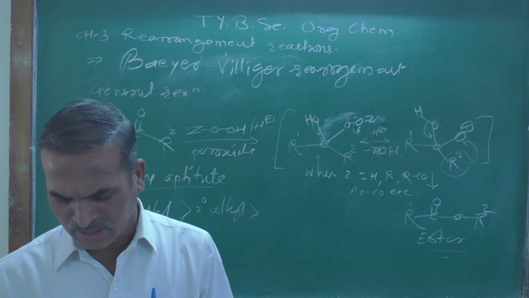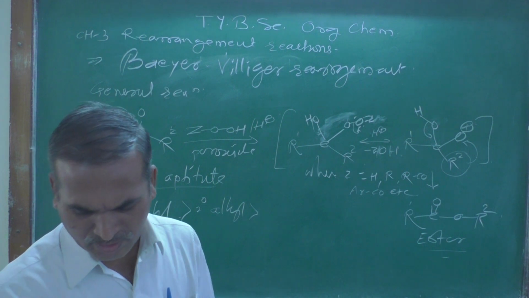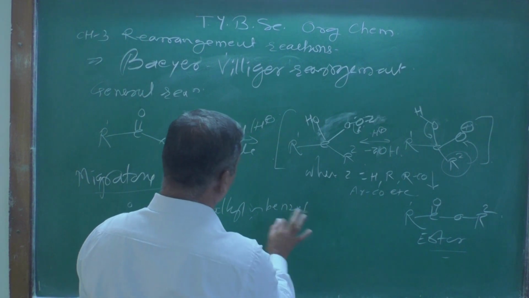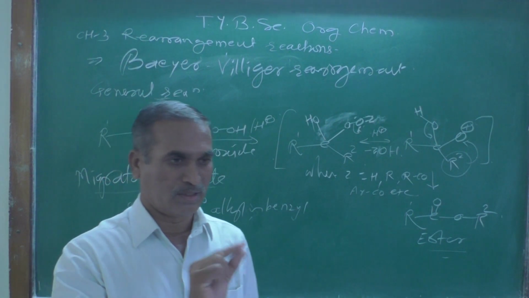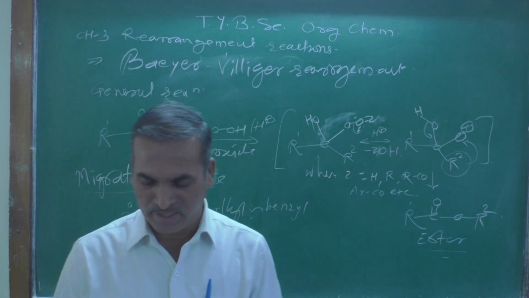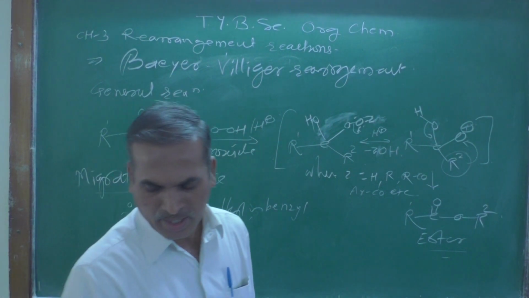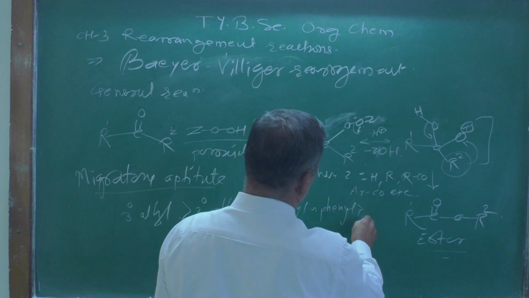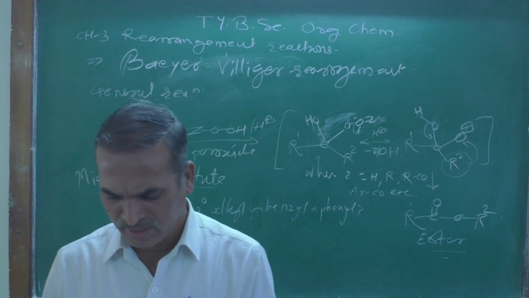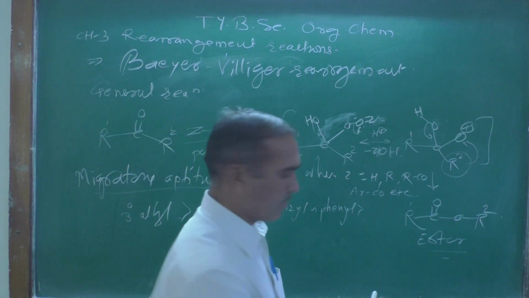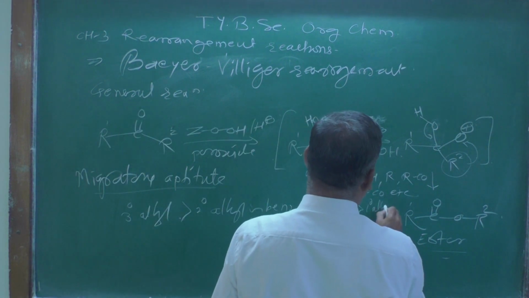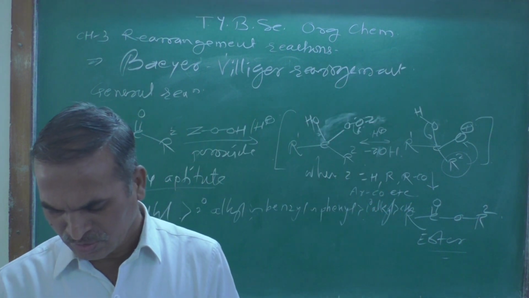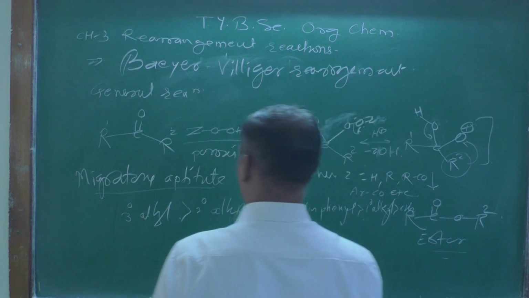Then secondary alkyl as well as benzyl have approximately the same migrating aptitude, and then phenyl, and then primary alkyl, and lastly the CH3 methyl group. This is the migratory aptitude.